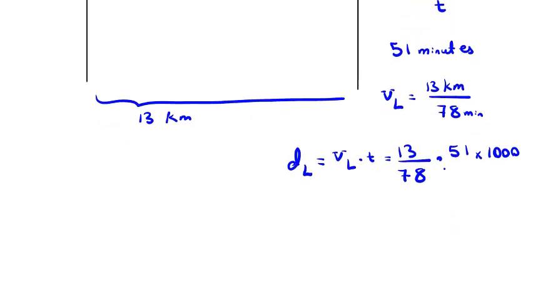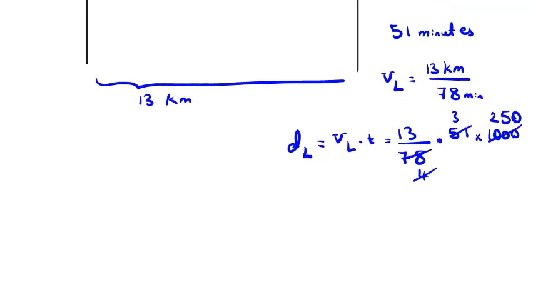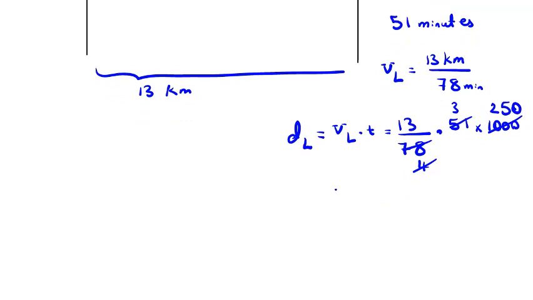Here, if we simplify, it is 4 times 17, it is 3 times 17. If you divide both by 17, it will be 4, and then divide by 4, it will be 250. Then we multiply 39 times 250.